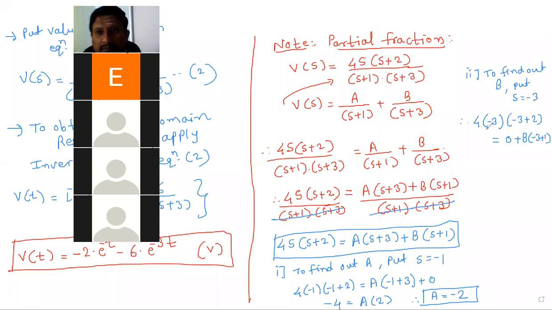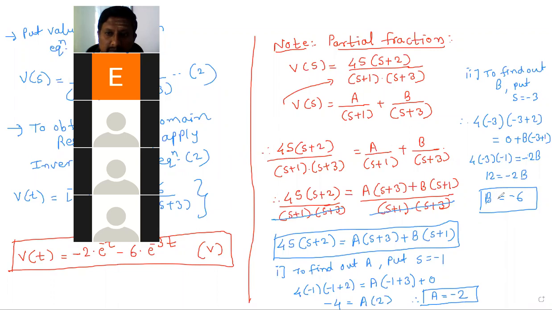So you can solve this: 4 into -3 into -1 in the left hand side. Next -3 plus 1 means -2 into b. Okay, so 4 minus minus इकडे plus होतो, 4 into 3 means 12 is equal to -2 into b. So b is equal to 12 divided by -2 means -6. So this is my answer of b, -6. So in this way you can cross check.